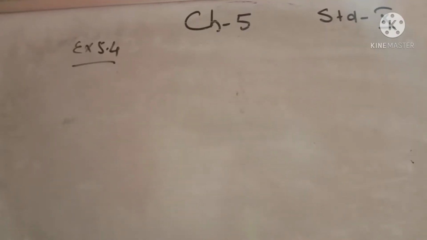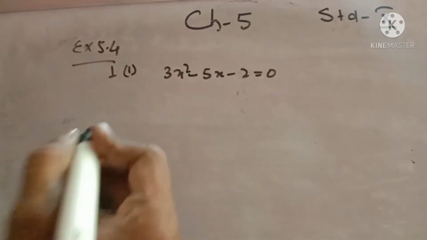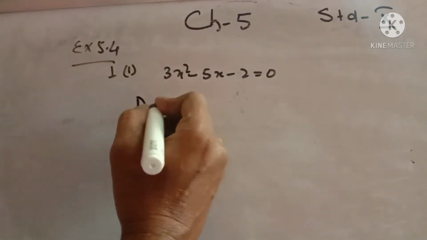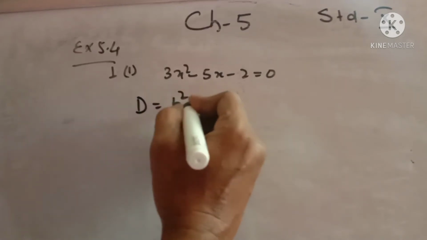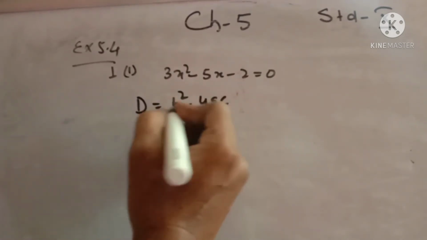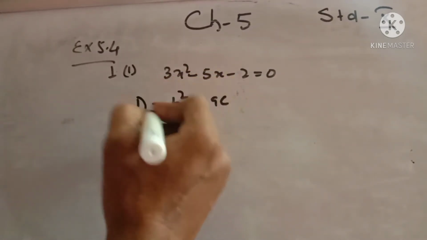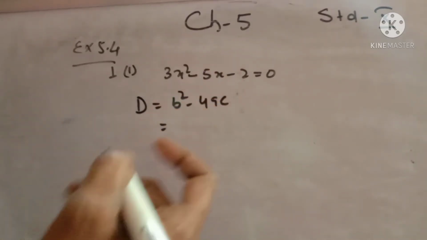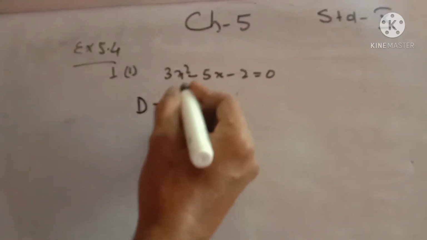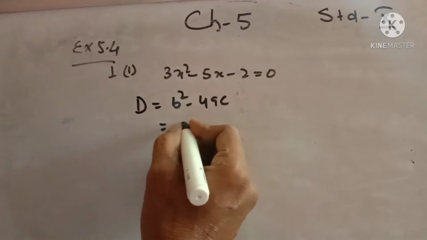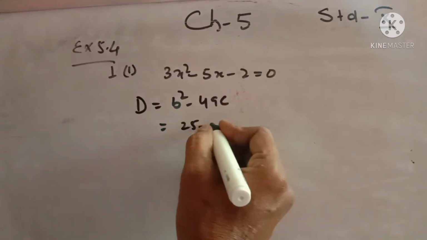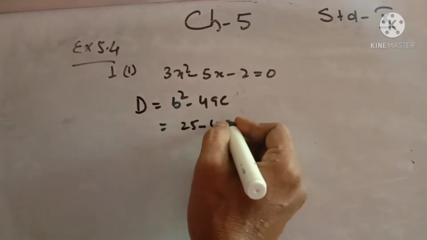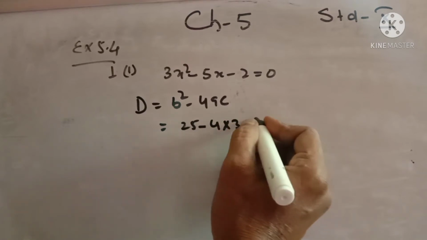Exercise 5.4. Here we have to discuss nature of roots. So for nature of roots, we have to find out the discriminant. So discriminant equal to what? b square minus 4ac. So our discriminant will come, let us see what is coming. b square means 25, minus 4 into 3 into minus 2.